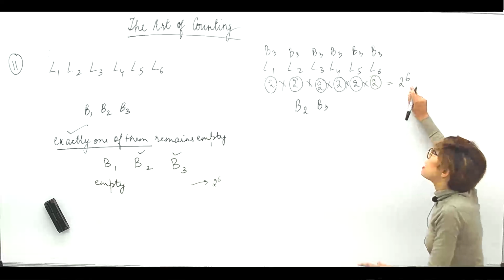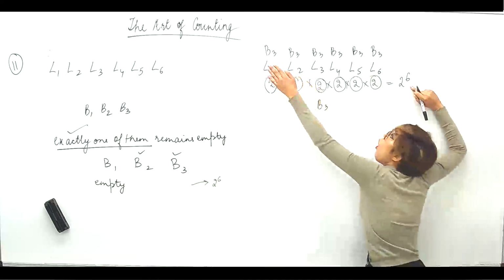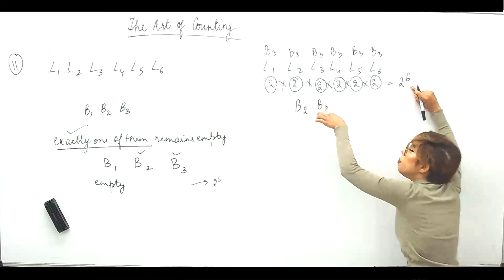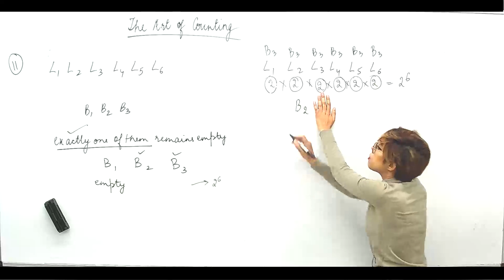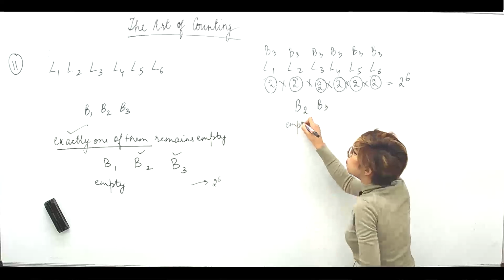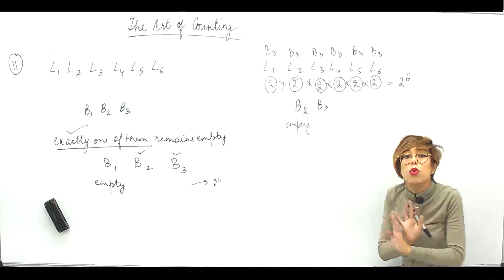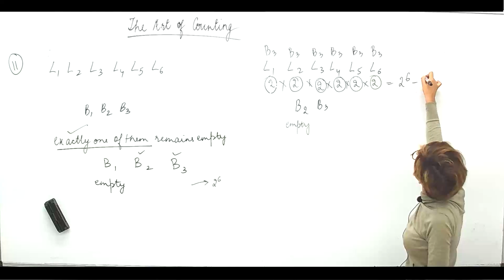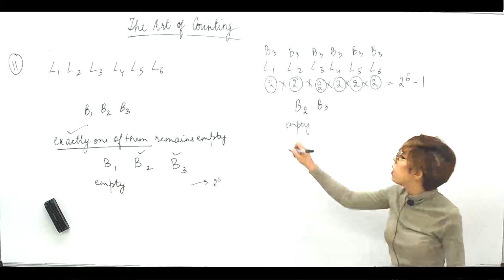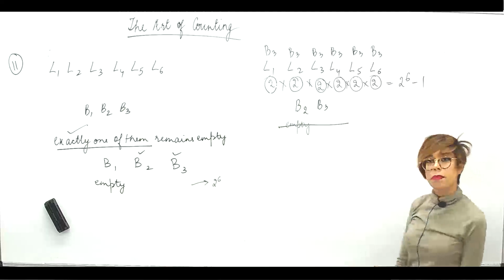Among these possibilities, there is a possibility when all of them went into B3. If all the letters are in B3, that means B2 is empty. And obviously, I don't want that case. But there is just one case, so that's fine. Minus 1, since we don't want that case.